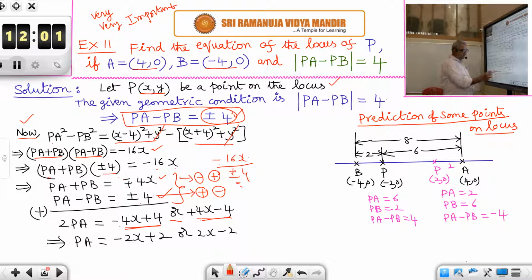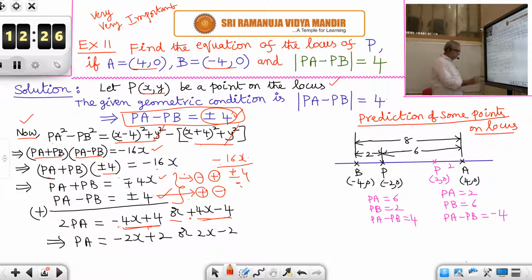You will not get minus 4x minus 4, and you will not get plus 4x plus 4 also. So, you will get minus 4x plus 4 or plus 4x minus 4 only. Please understand that here.